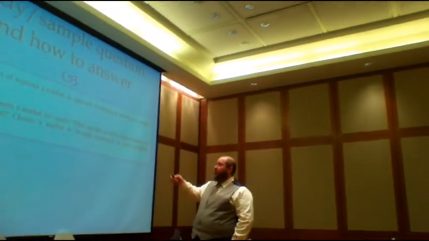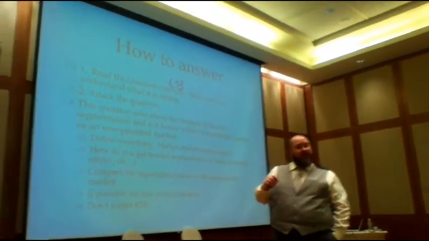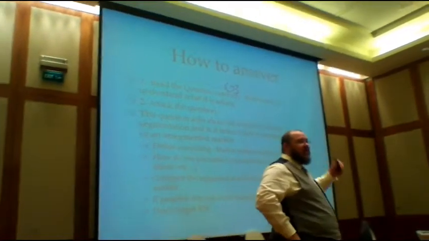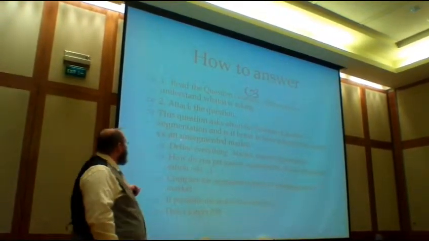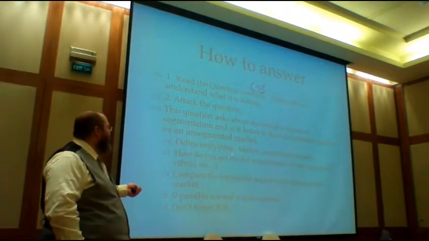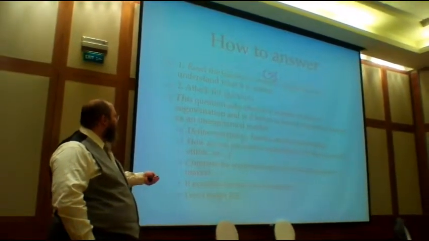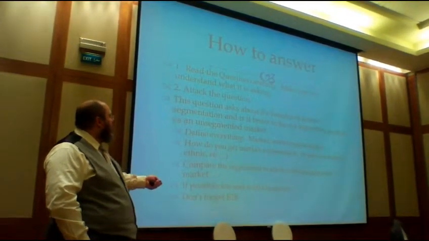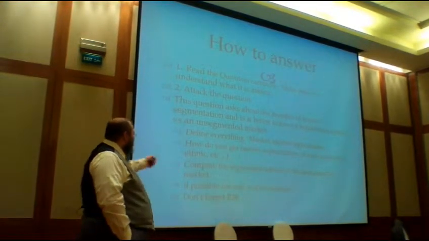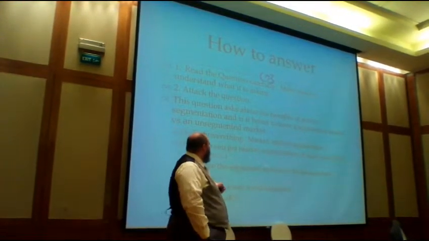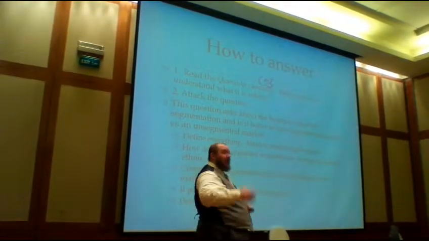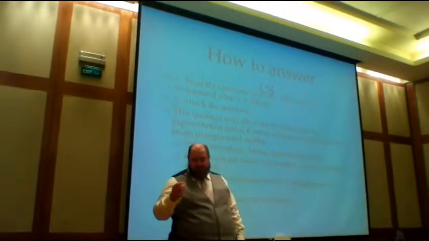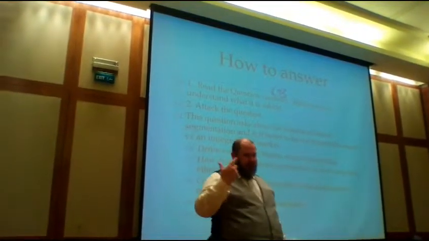Then answer the questions. So here's the next thing. This tells you how to answer this. I've got 2 pages of this in here. 1, attack it. 2, define everything. Market segmentation, market as a whole. Discuss how you get market segmentations for consumer, which we talked about. Geographic, there's 4 of them.